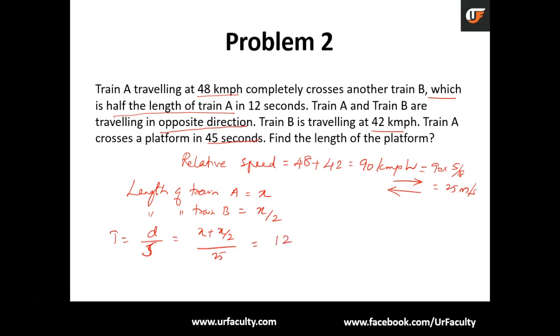and this has to be done in 12 seconds, right? Now this is the equation that you have to look for, and on solving, what do you get? You get x is equal to 200. Okay, the question says find the length of the platform.